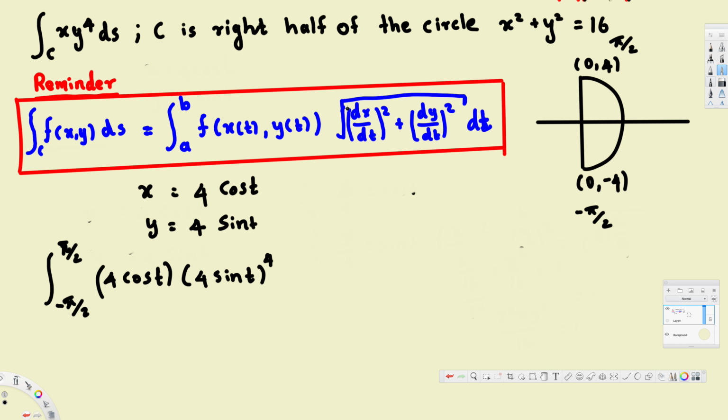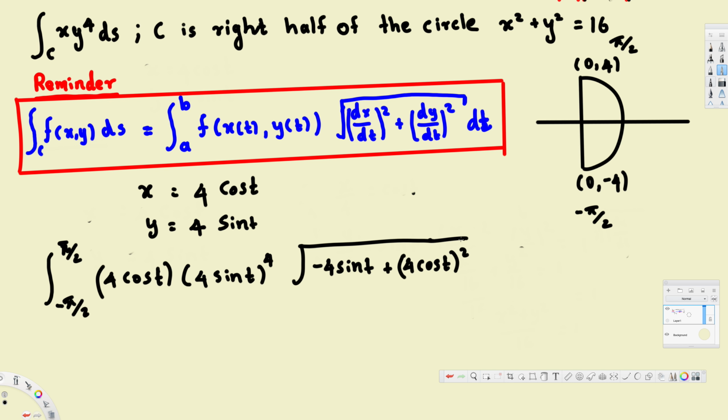Now we have to plug in this equation, so this is just the derivative of this one. If you take the derivative of cos t, that's going to be negative sin t, so here we are going to have negative 4 sin t, plus, if we take the derivative for y, in our case y is equal to 4 sin t, the derivative of y is going to be cos, so this is going to be 4 cos t square.